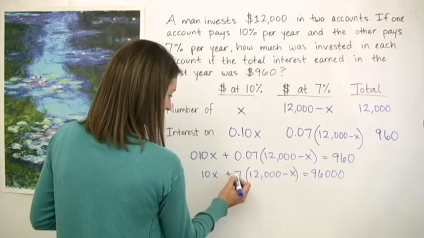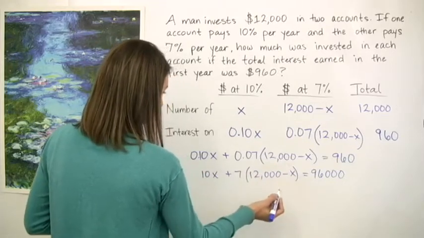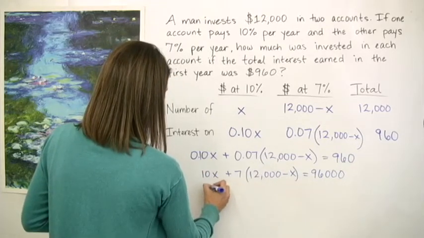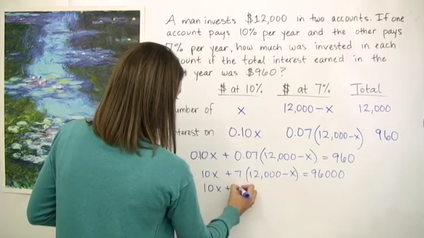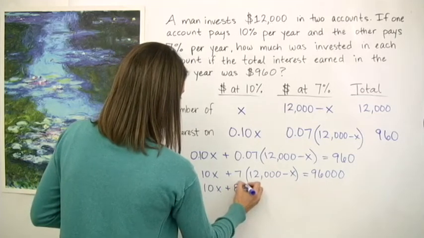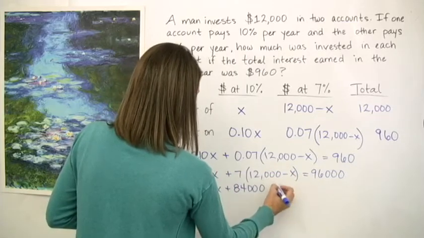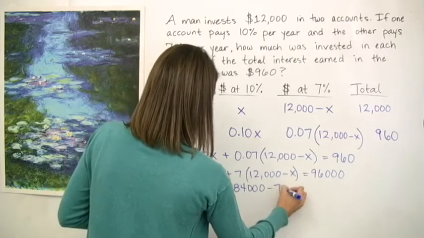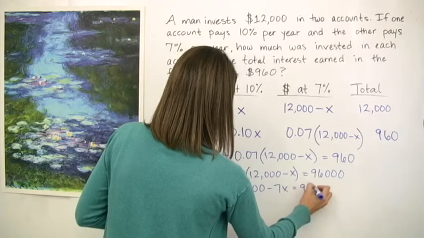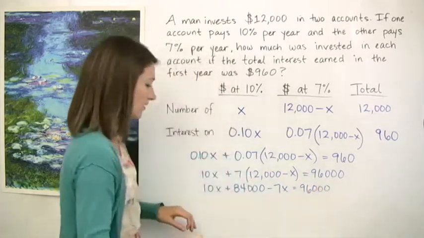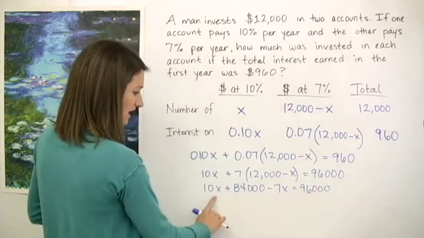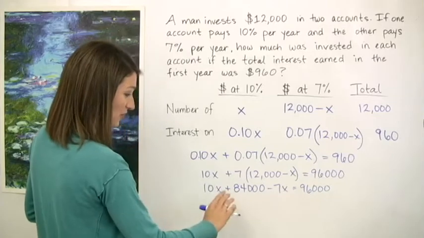So let's continue and solve for x. We'll simplify this. Let's distribute the 7 over each term inside the parentheses. So we have 10x plus 84,000. And then 7 times negative x is negative 7x, equals 96,000. Okay, so combining like terms, 10x minus 7x gives us 3x.